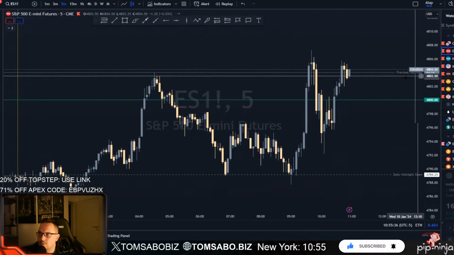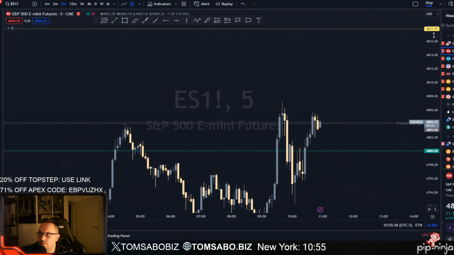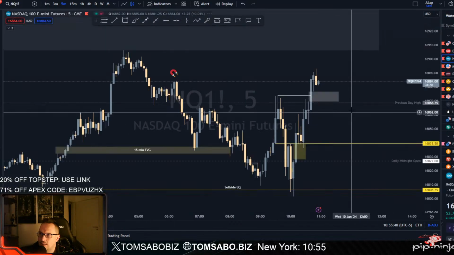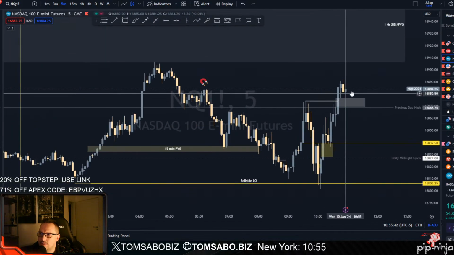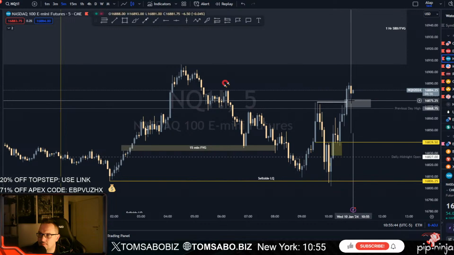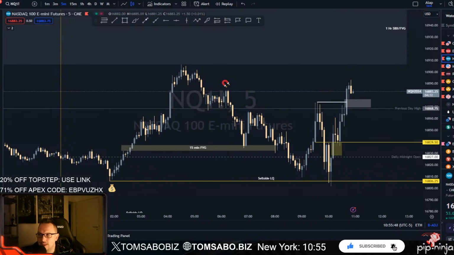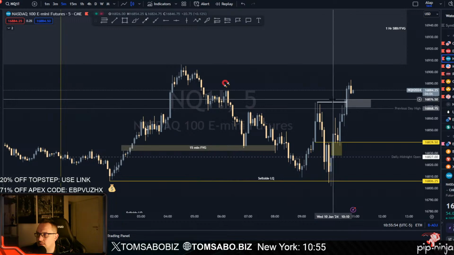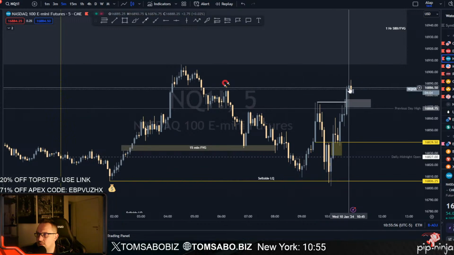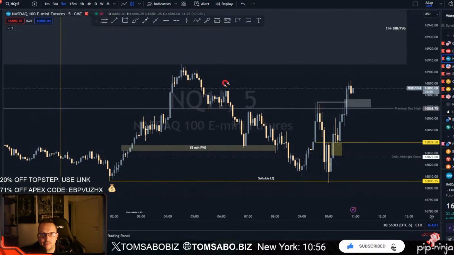I think ES wants to go higher, all the way to 48.17, and I just really like this. So what do you guys think about this level? I'm considering placing a limit order, not a market order, just putting a limit order right there at, let's see, low 76. I'm gonna put it to 77. So tell me what you think.